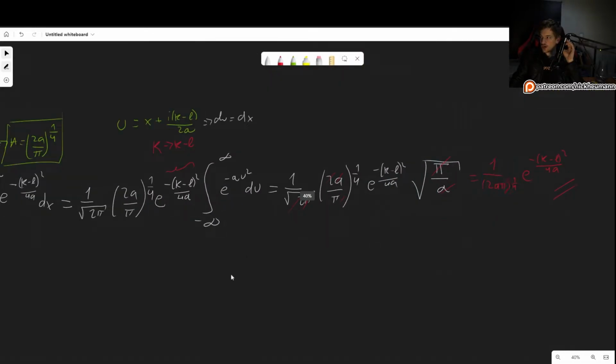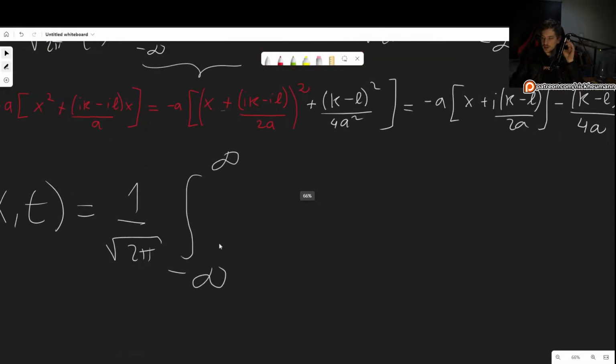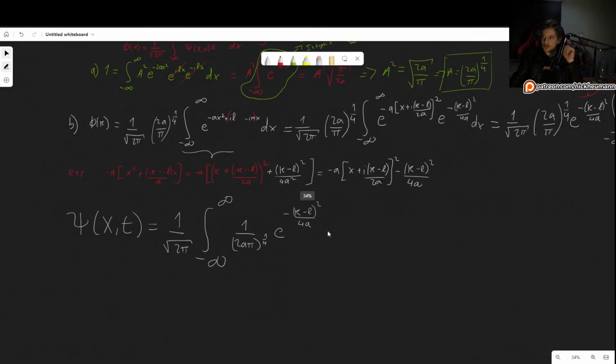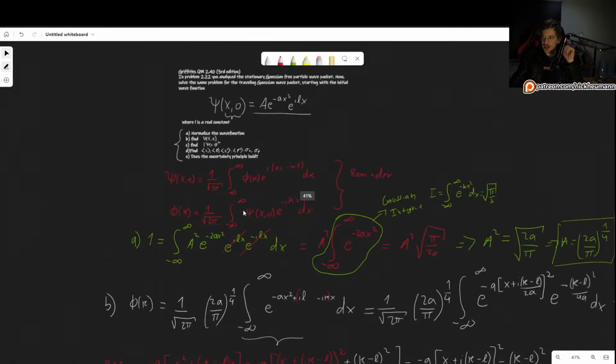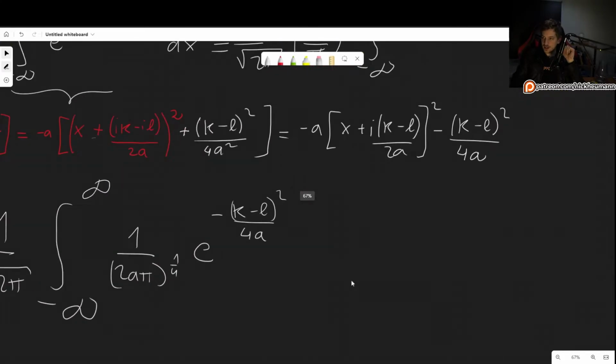It was 1 over 2a pi, so (1 over 2a pi) to the 1/4, then e to the minus (k minus L) squared divided by 4a, and then we still have to add this other exponent, e to the i(kx minus omega t).